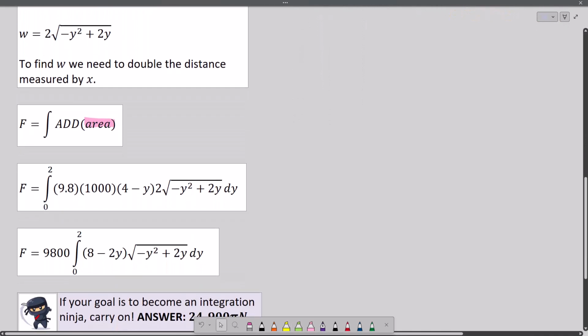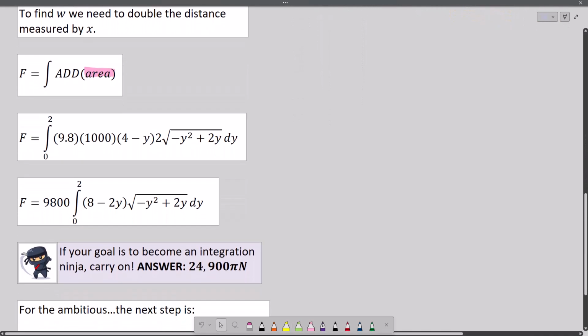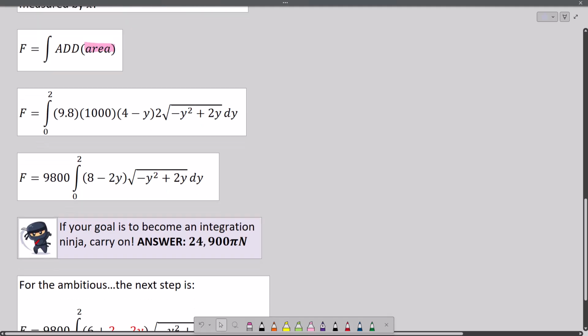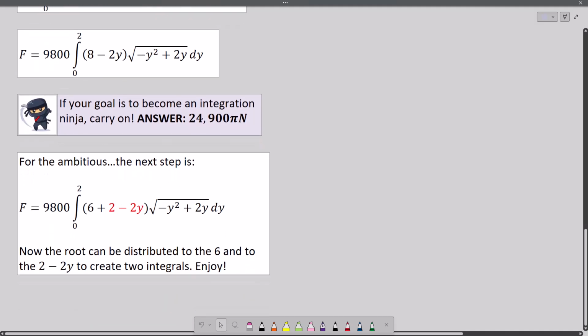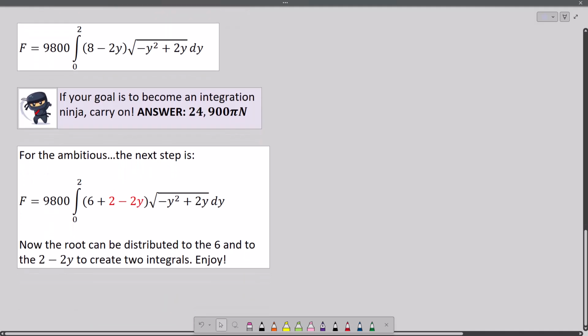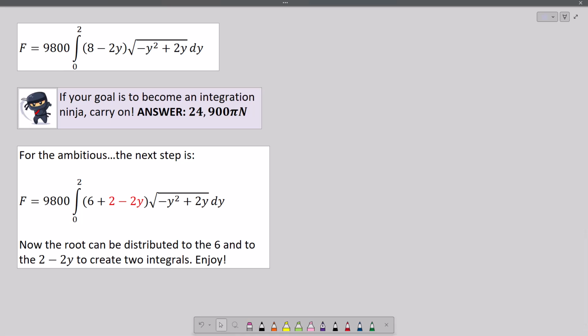And then I've got a little clue down here, so I give you a step. I'm not going to go through it, but you can do it. The answer is right there. And here is the clever step right there. We know the derivative in here is negative 2y plus 2, which matches what I have here in red. So what you're going to do is create 2 separate integrals.